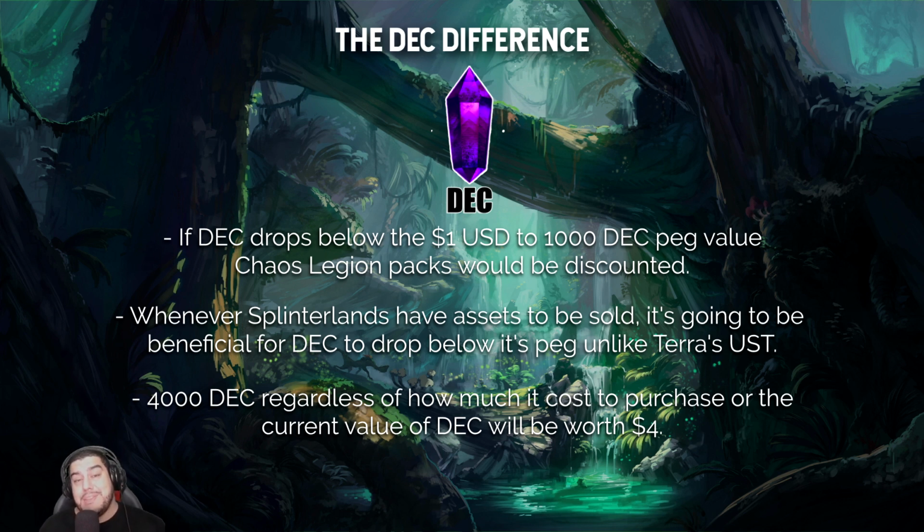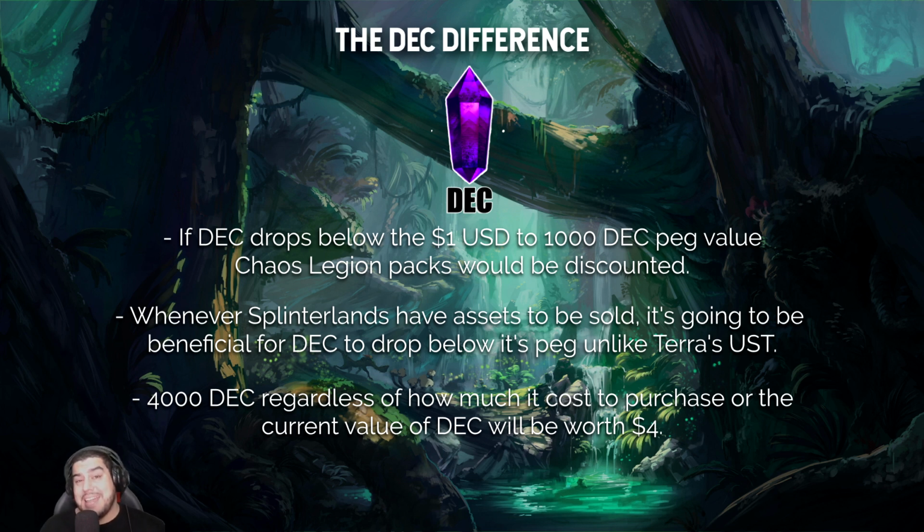And at that time, the user could simply purchase Chaos Legion packs with their DEC regardless of DEC's value and still receive their fixed DEC to dollar value. This would allow the user to accumulate and enjoy the remainder of the free SPS airdrop period without having to worry about DEC's future value.